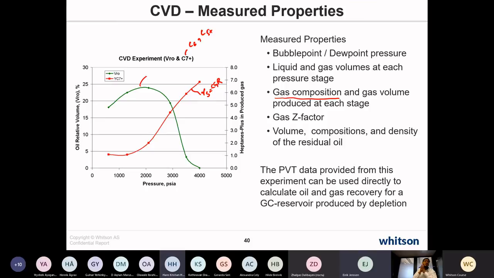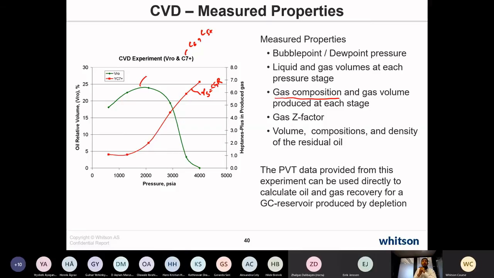Yeah. Generally, if you do the measurements in the PVT lab, you need very sophisticated PVT cells for accurate measurements of these small volumes that you drop out in the PVT cell.